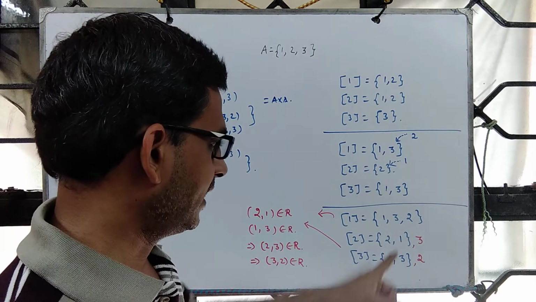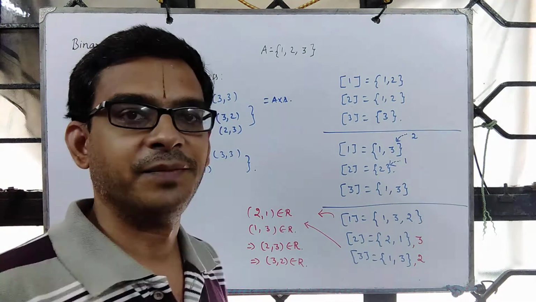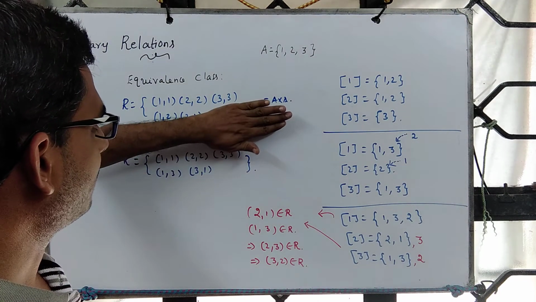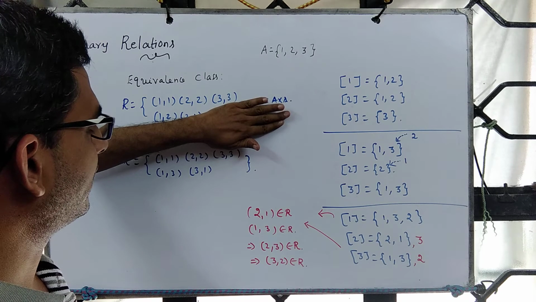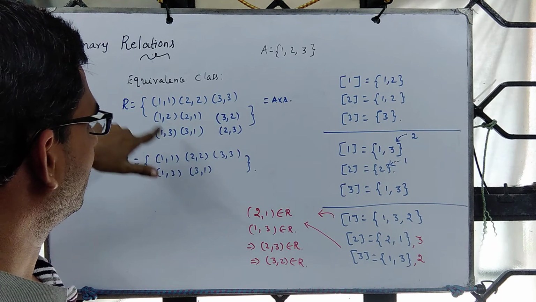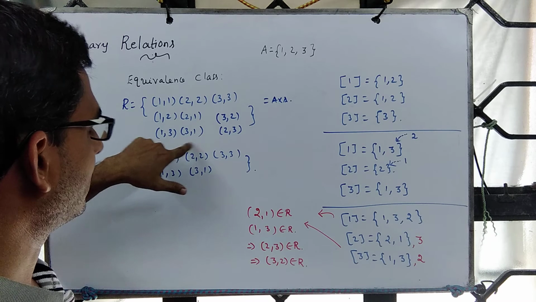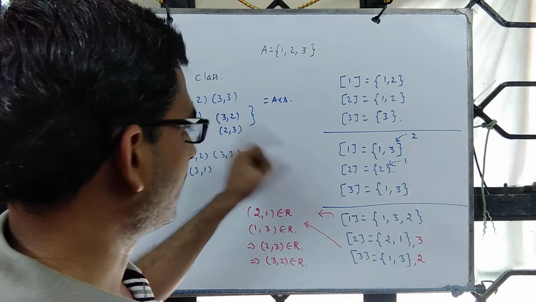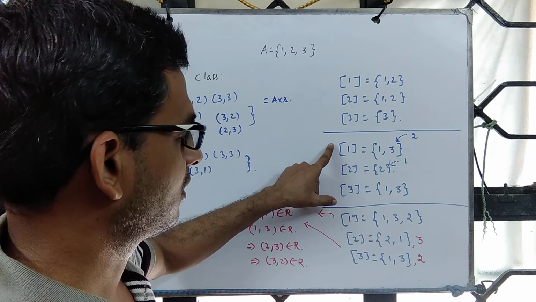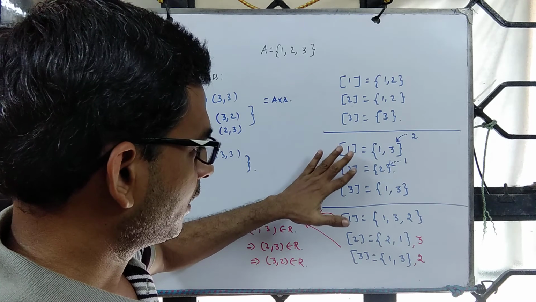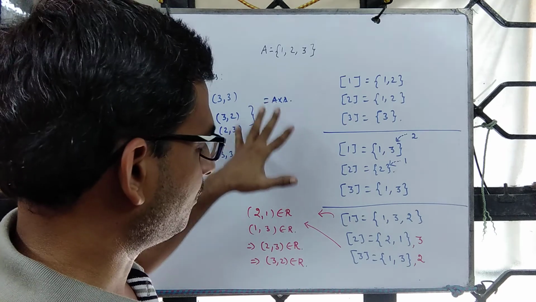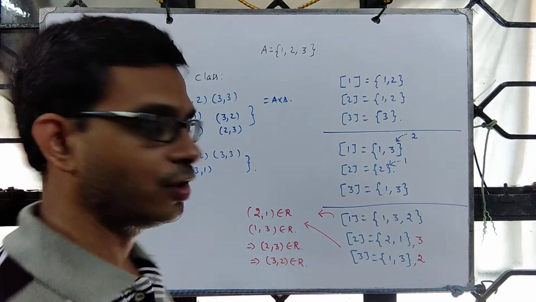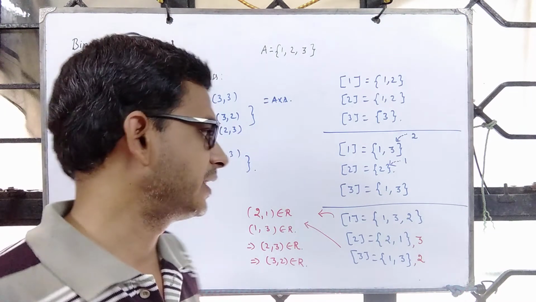So now you see that all of them are same. That's precisely what happened here. So the point that I am trying to make is, you start with a relation which is reflexive, symmetric, but not transitive. Then look at the underlying equivalence class. Now on this side you will add transitive pairs. Because of that, the relation is modified from a non-equivalence relation to an equivalence relation.